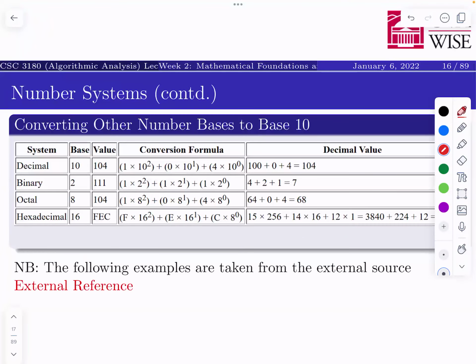Okay, and these are the ways you can convert from one base to another base. That is possible, and this is how you do it. For instance, suppose 15 is a base 10 number and you want to convert to binary.